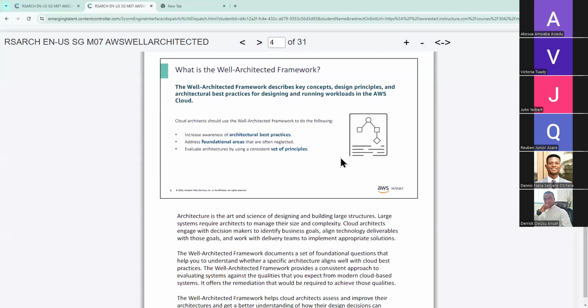Okay. So the features of the well-architected framework, it describes the key concepts, design principles, and architectural best practices for designing and running workloads in the cloud. We know what best practices are. So AWS, as I mentioned, AWS didn't start today, okay?